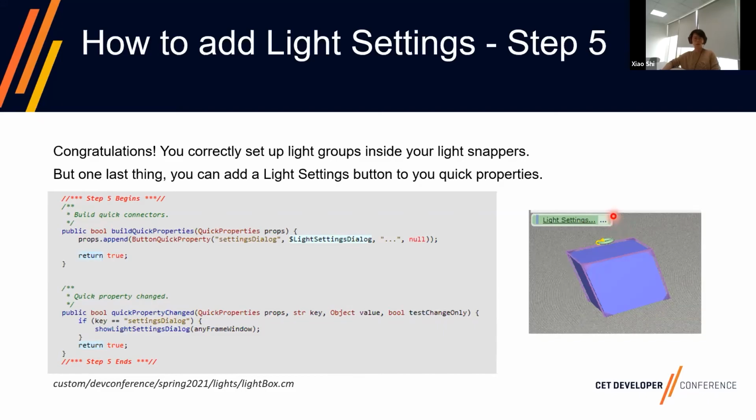So you add a quick property, and then you have a callback to show the dialog when you hit this button. And that's it. You have set up your own light snappers and bound them correctly to a light group function.